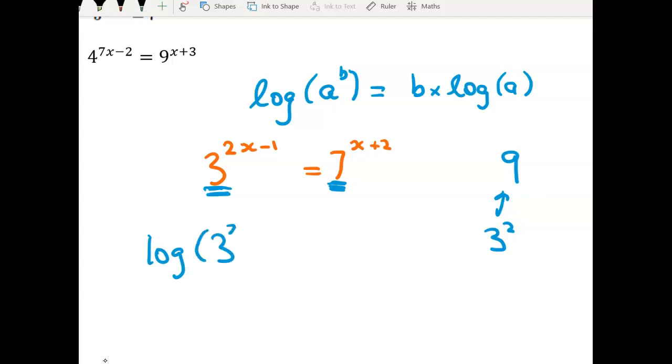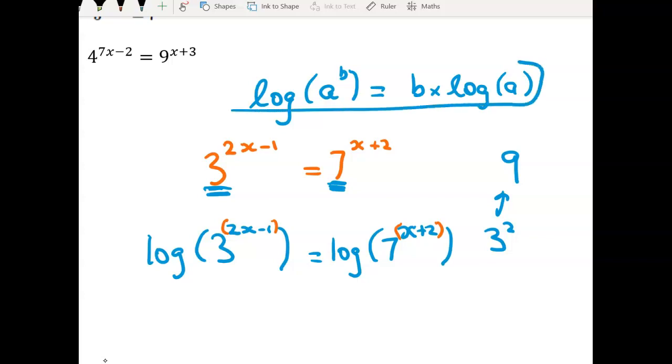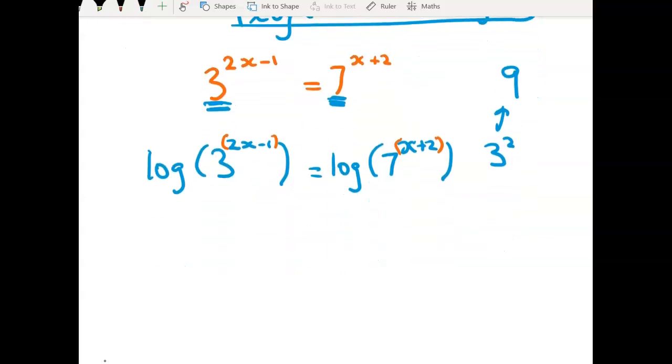The log of this side is equal to the log of this side. And if I wanted to, this would be the point to put the brackets in around the power. Okay, so now I'm going to use this log rule up here on both sides.